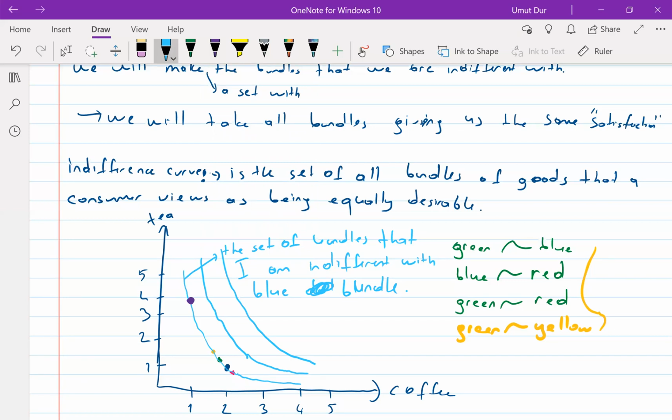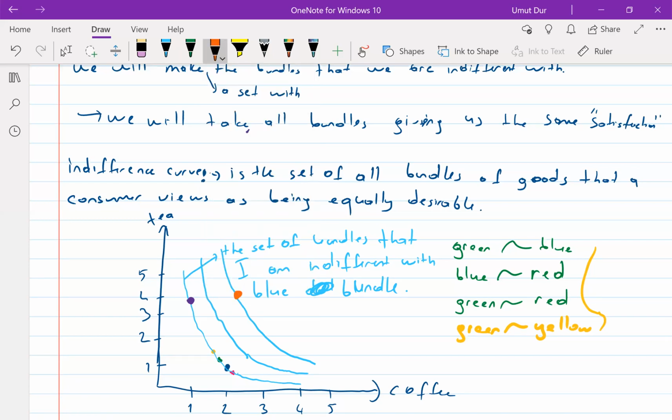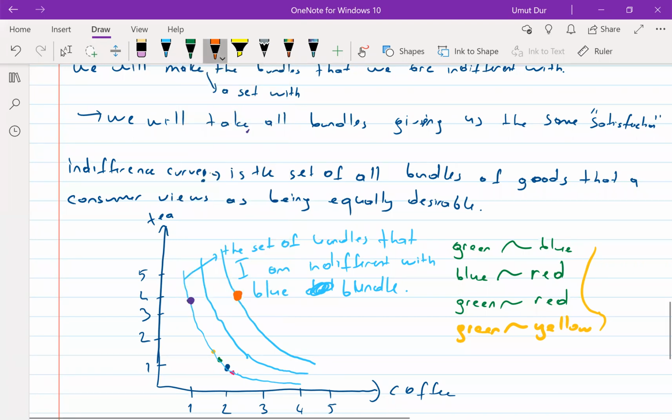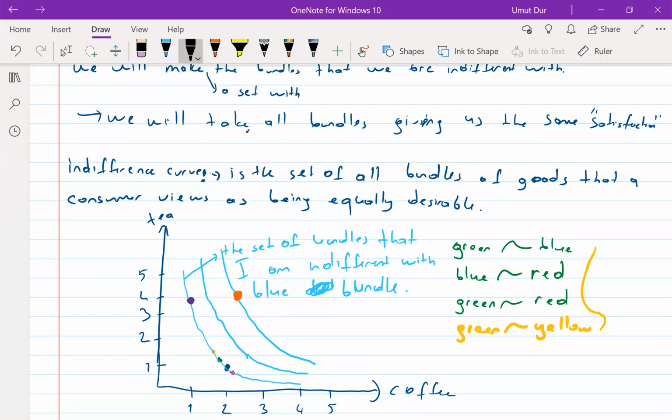Then let me ask you one question. Let's consider, let me find a different color here, the orange one. Let's say this is the orange bundle, and I'm comparing it with this black bundle.